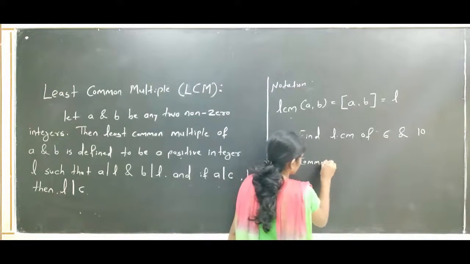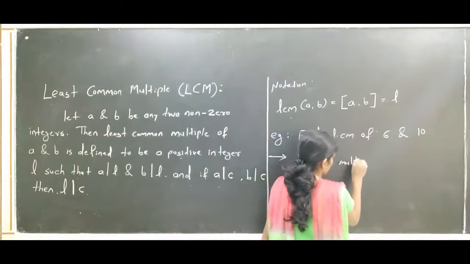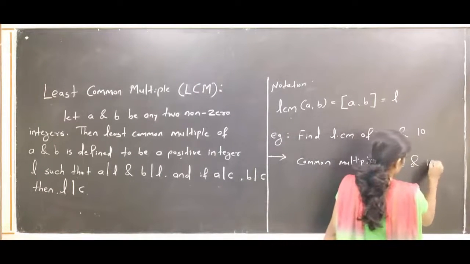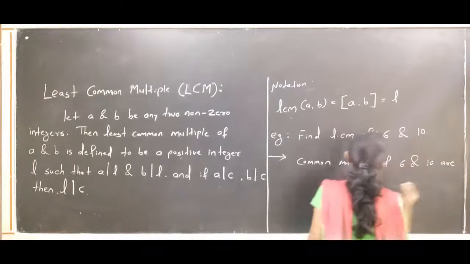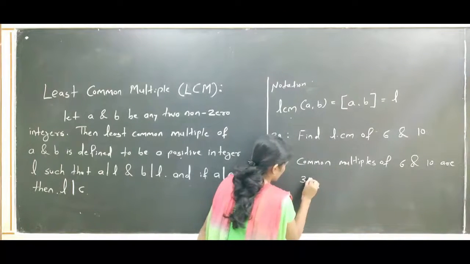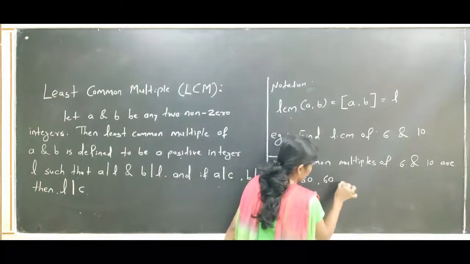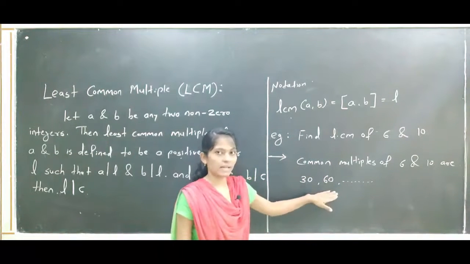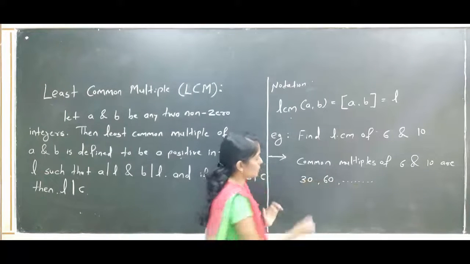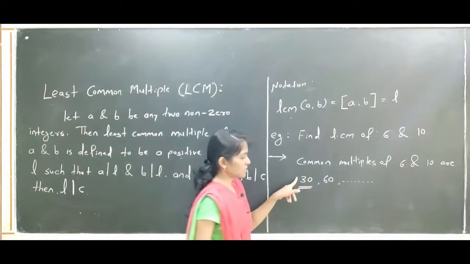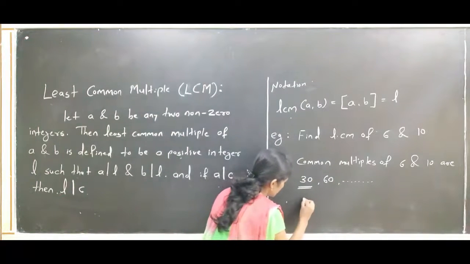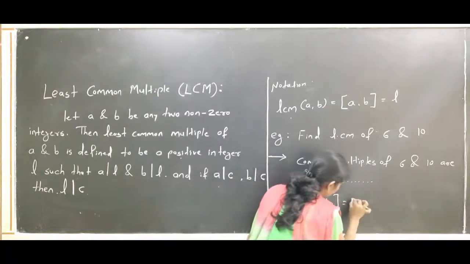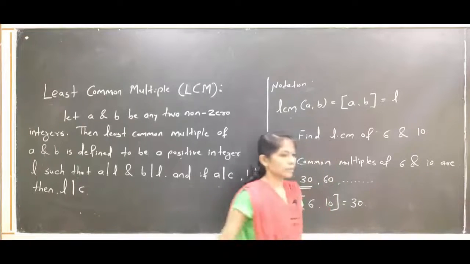The common multiples of 6 and 10 are 30, 60 and so on. Among these common multiples the smallest one is 30. Therefore LCM of 6 and 10 is 30.